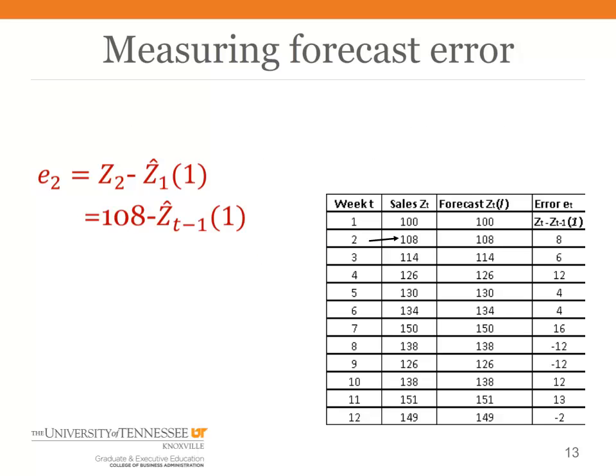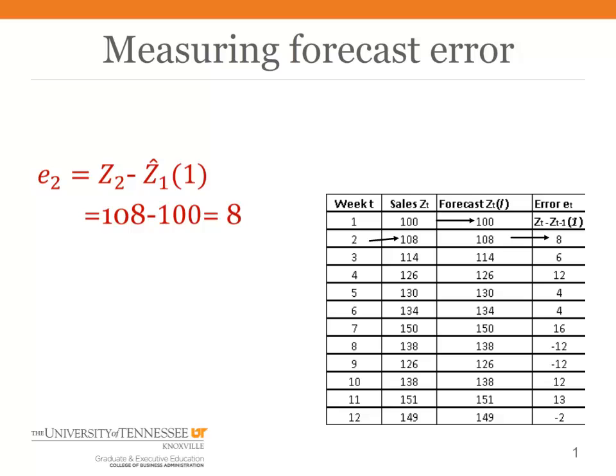A little repetition doesn't hurt here. I'm walking you through it again. The error made at time 2 would be the actual minus the forecast made at time 1. So first, the actual is 108, as shown there. And the forecast that I made one period earlier is 100.